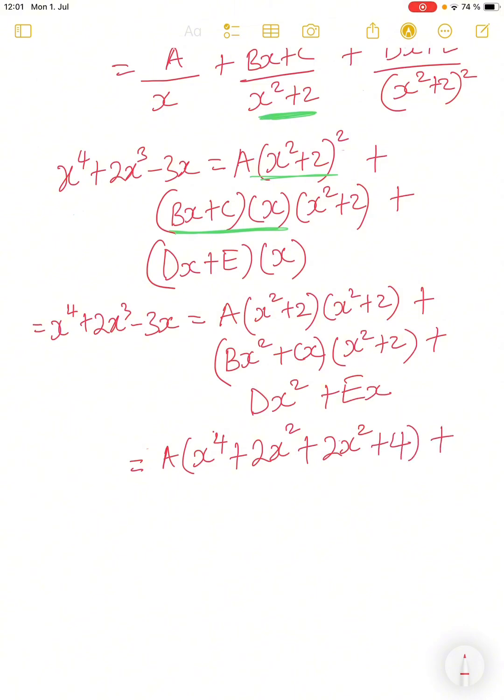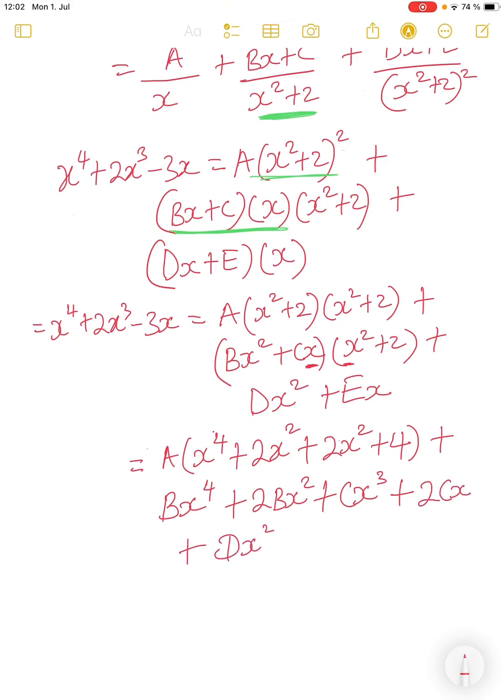plus bx squared times x squared, we have bx power 4, bx squared times 2, you have 2bx squared, cx times this x squared, you have cx power 3, cx times 2, you have 2cx, plus dx squared plus ex.